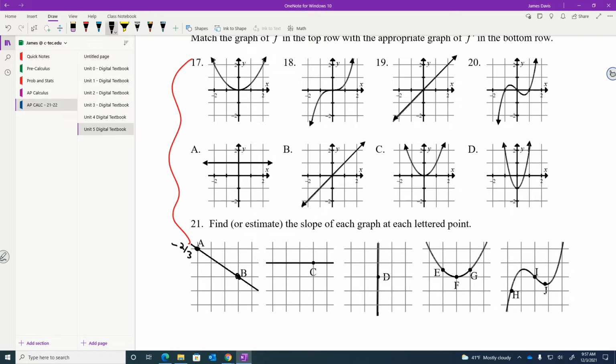So your slope there would be -2/3, right? Same with B, this is a constant, so it would be the same, -2/3. C, obviously, the slope is 0. D is undefined. It's a little bit more challenging here, but you can see we're going down 1/2 and then over 1.